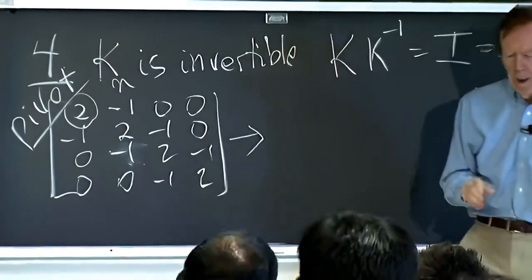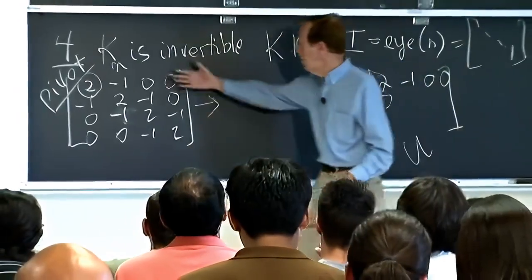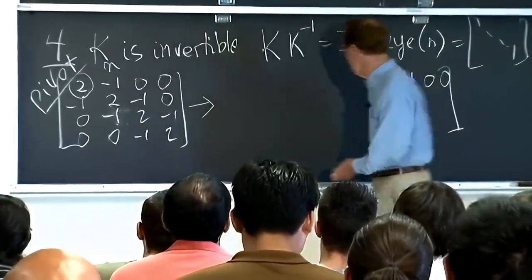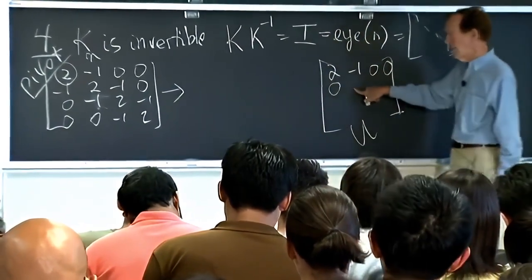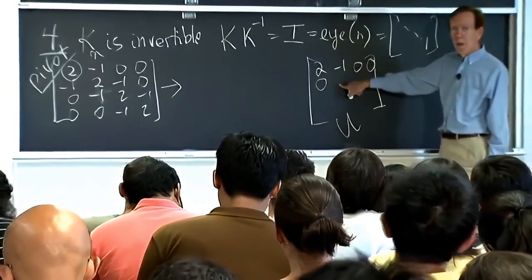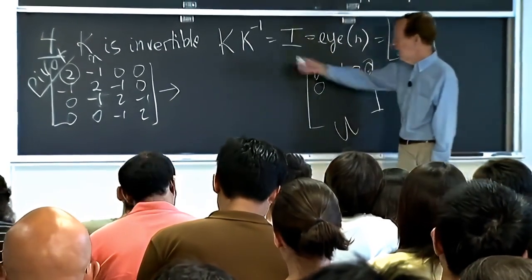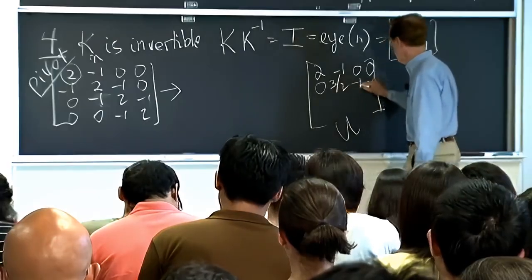Add half this row to this one. When I add half of that row to that one, I get that 0. What do I get here for the second pivot? 3 halves, because half of that is, so 3 halves, and the rest won't change.